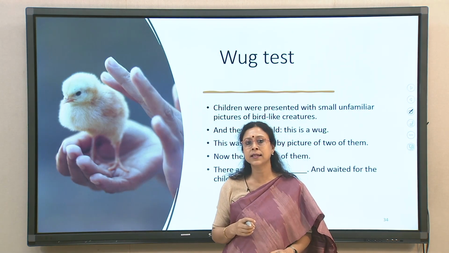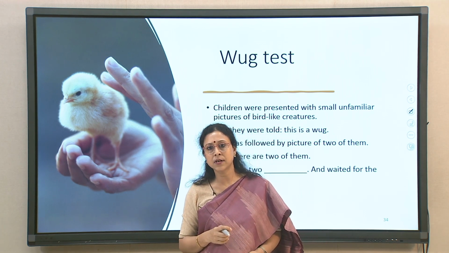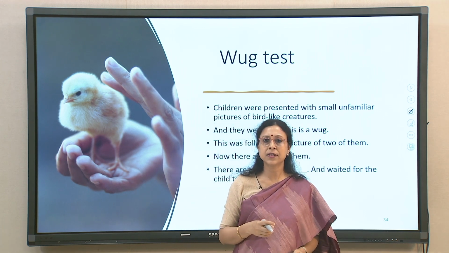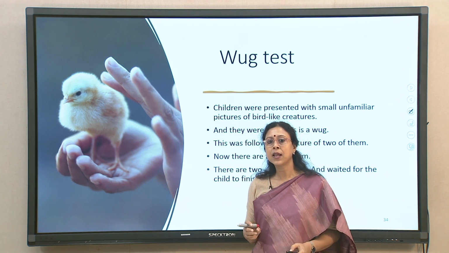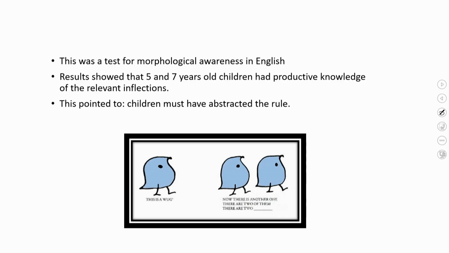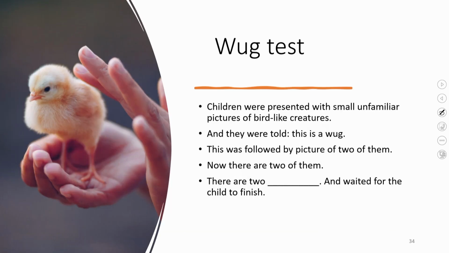The test was like this. Children were presented with small unfamiliar pictures of bird-like creatures, and they were told, this is a wug. There was a picture shown, and then there would be pictures of 2 of them, and they would say, now there are 2, and the experimenter would wait for the child to fill in the blank.